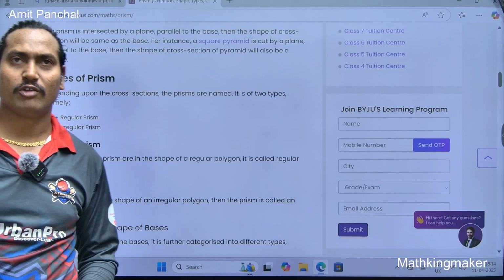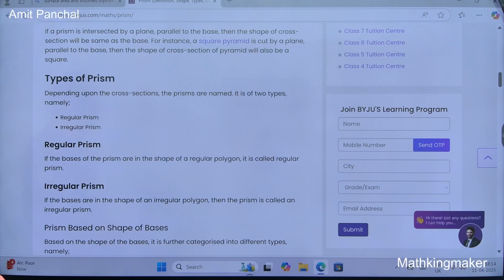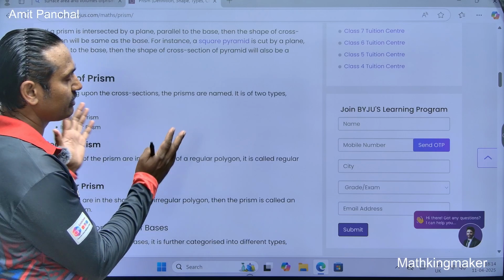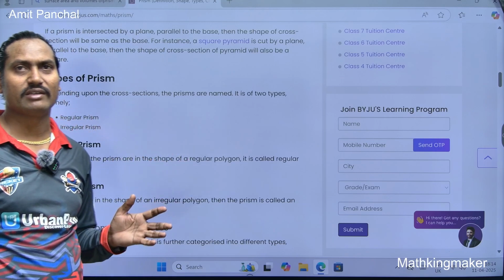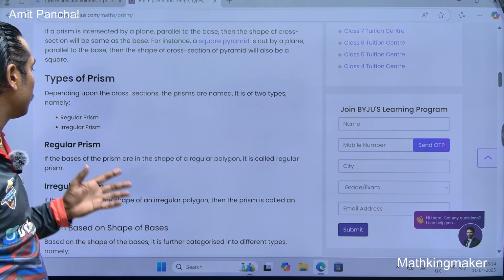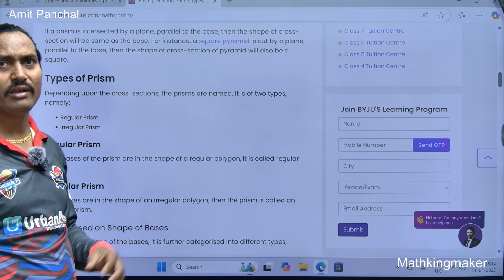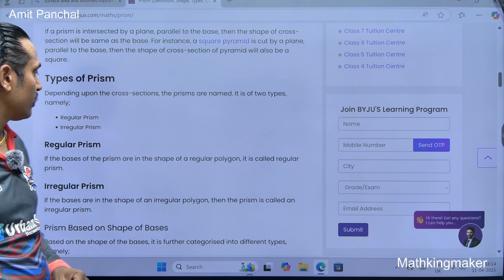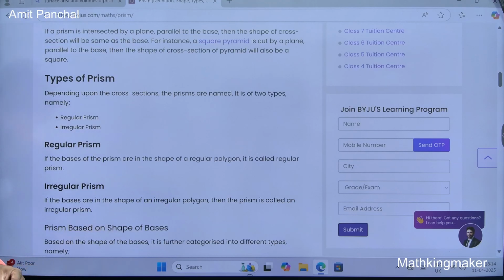So, for example, if its base is an equilateral triangle, it's a regular prism. If its base is a square, then it is a regular prism. And irregular is just the opposite of that. If its base is not regular, then it is irregular.